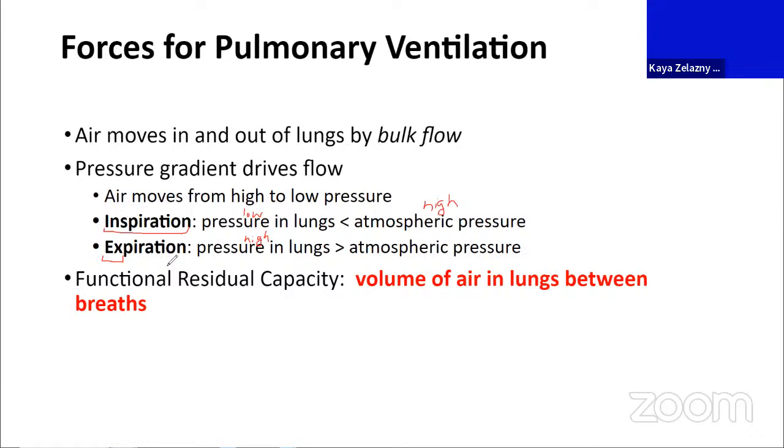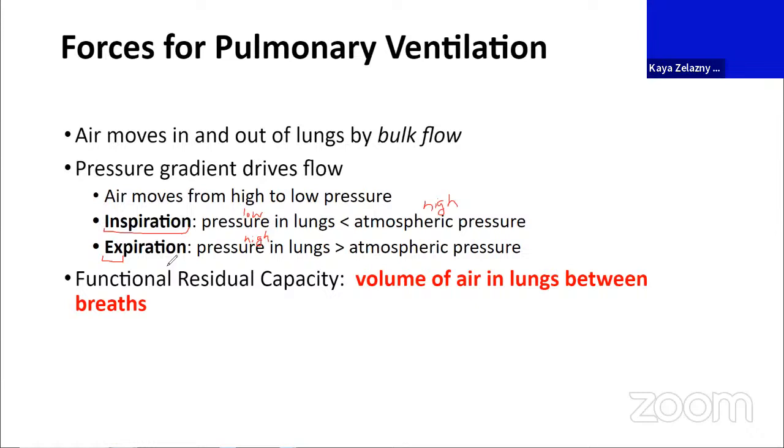We're going to see lots of lung pressures, but all we have to look at to figure out inspiration versus expiration, breathing in versus breathing out, are those two pressures. All we need to know is the pressure in the lungs. We're going to see that by the lungs, we really mean the alveoli here. And we need to know the pressure in the environment, the atmospheric pressure of the place that we're in. And that's it. Just those two numbers, no matter what other variables you see, just those two numbers are going to drive this movement of air.